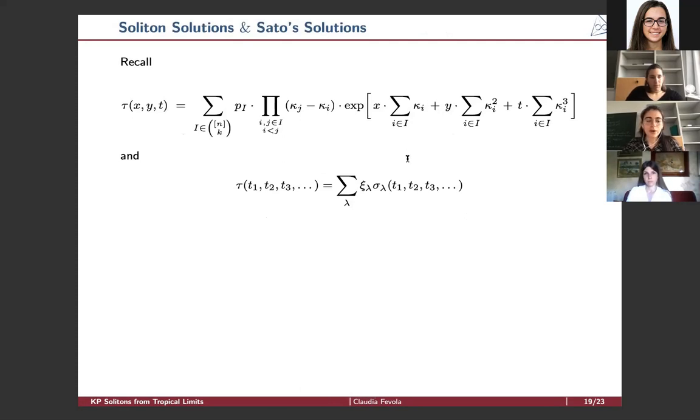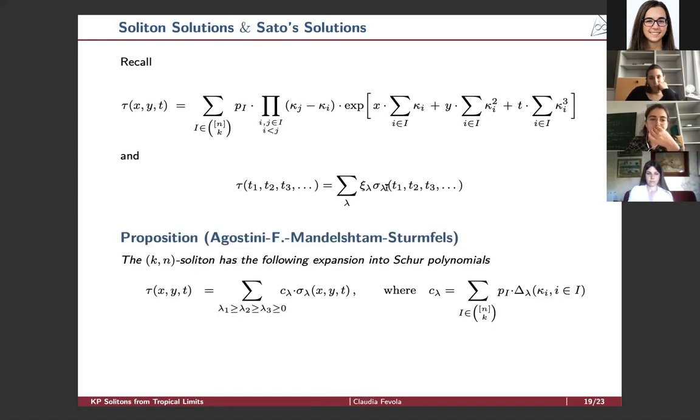So one of our goals was to understand the relation between these two tau functions that we defined: the relation between soliton solutions, where we have a finite sum of exponentials, and this tau function, which is infinite. And we found out that each KP soliton can be expanded into Schur polynomials.